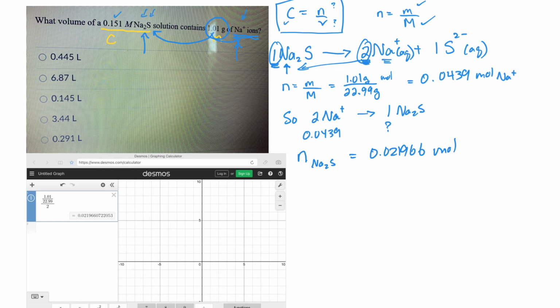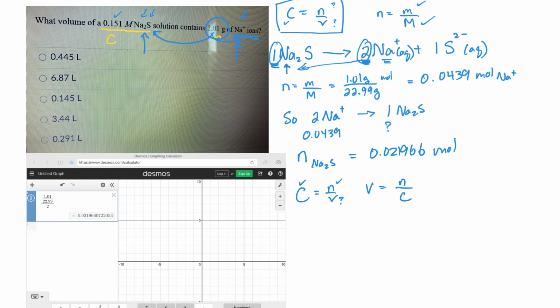Now if I look at that formula, C equals n over V, I've got moles and I have concentration, so I can figure out volume. Rearranging the formula, V is equal to n over C.